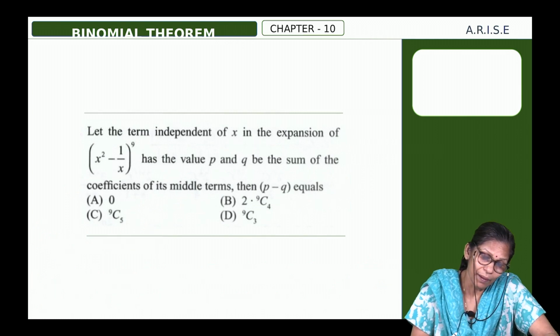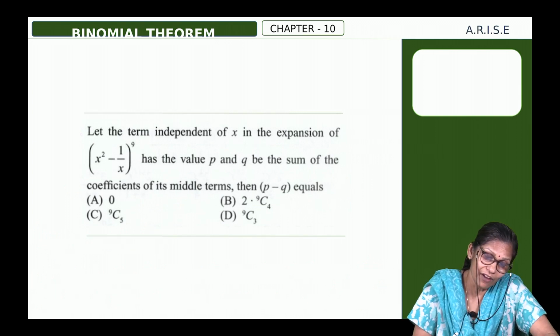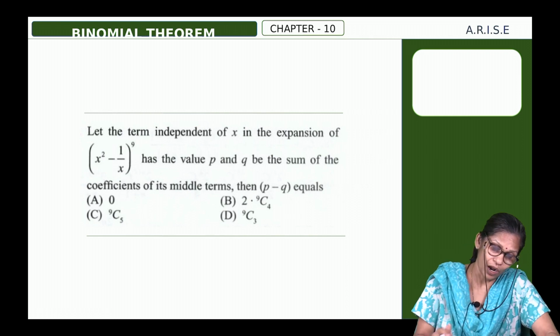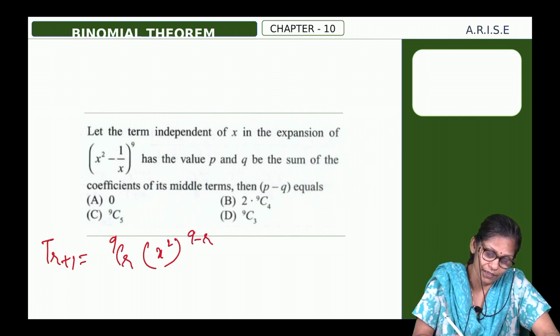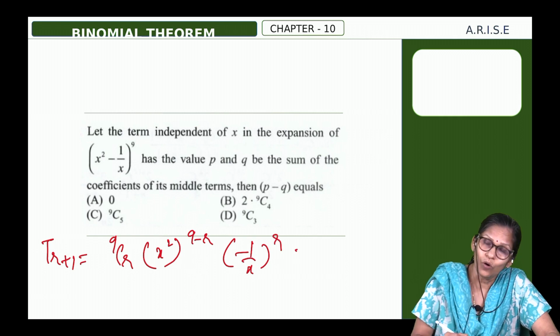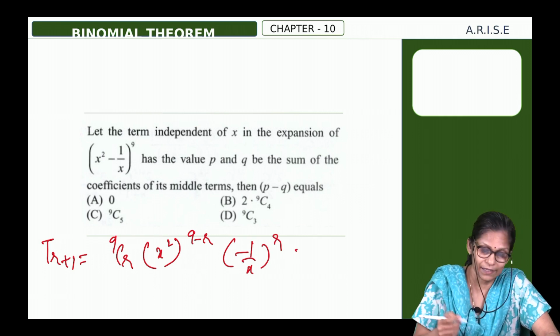Let the term independent of x in this expansion have the value p, and q be the sum of the coefficients. Now, how do I find it? Let the term independent of x be the (r plus 1)th term. What is the general term? 9Cr (x squared) raised to 9 minus r, into (minus 1 by x) the whole raised to r. So you will have a term in x raised to 0.